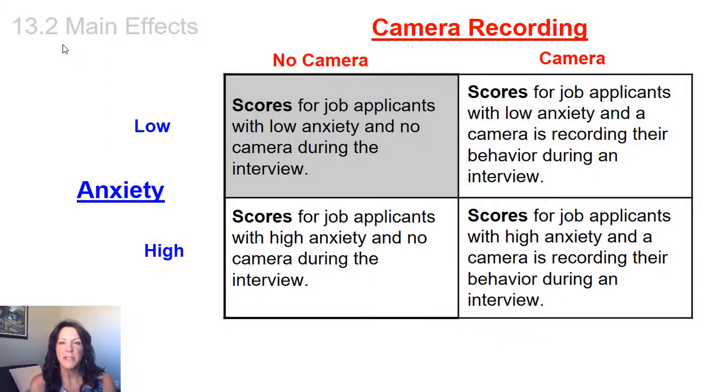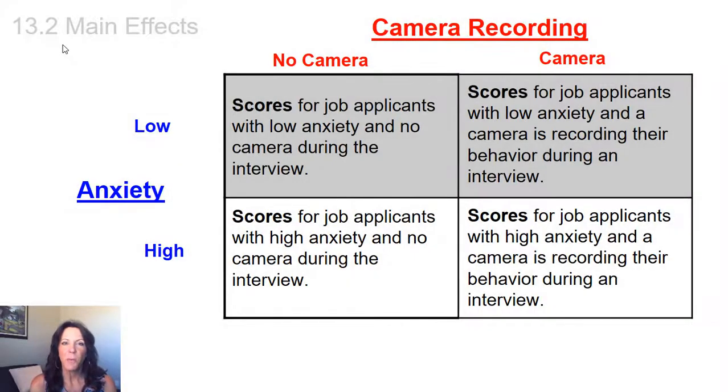So the first cell is going to be the mean score for applicants who have low anxiety but no camera during the interview. We call this the A1B1 cell. So low anxiety, no camera, and we'll put the mean scores in that cell for that particular group of people.